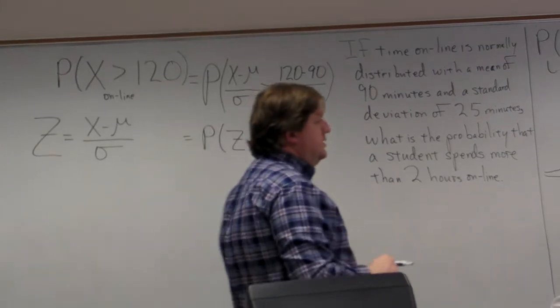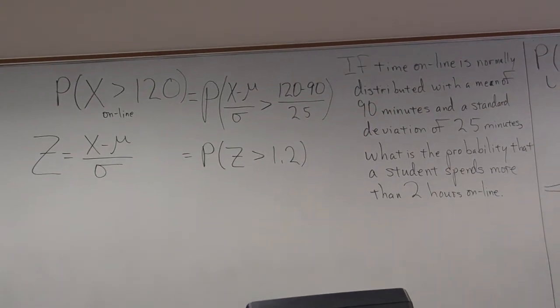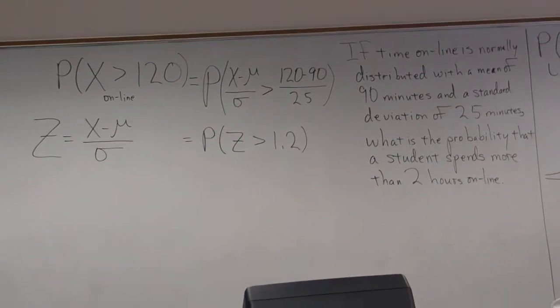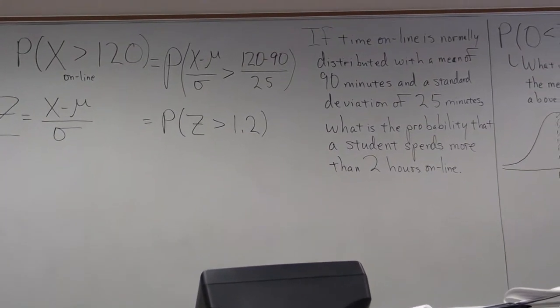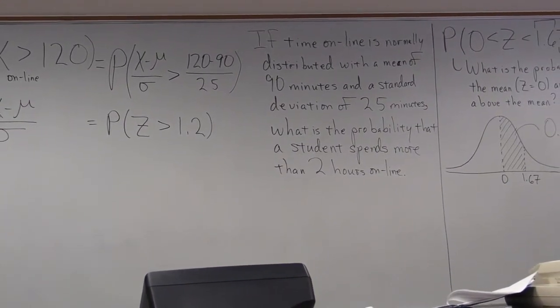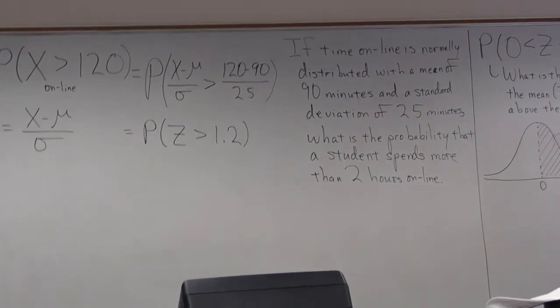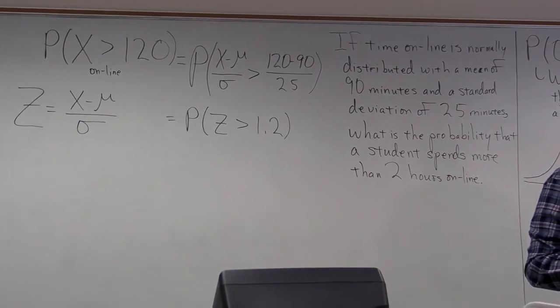So it turns out that if the mean is 90 and the standard deviation is 25, 120 minutes or 2 hours is the equivalent of being 1.2 standard deviations above the mean. So 120 minutes is the same as being 1.2 standard deviations above the mean.